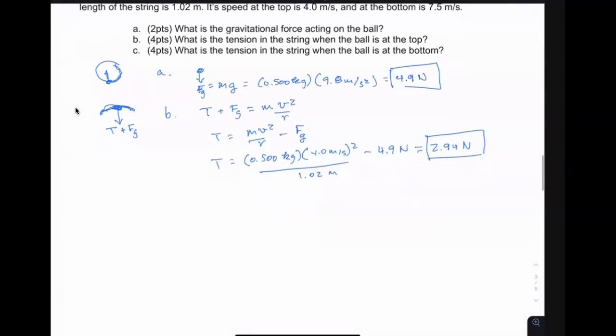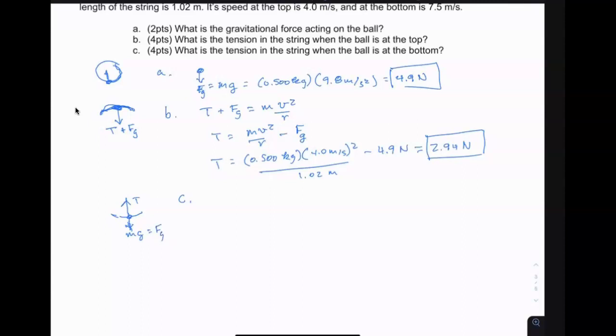Then in part C, we're asked to solve for the tension again, but now it's when the ball is at the bottom of its swing. So we have the tension force acting up, and we have the weight mg, equal to F sub g, acting down.